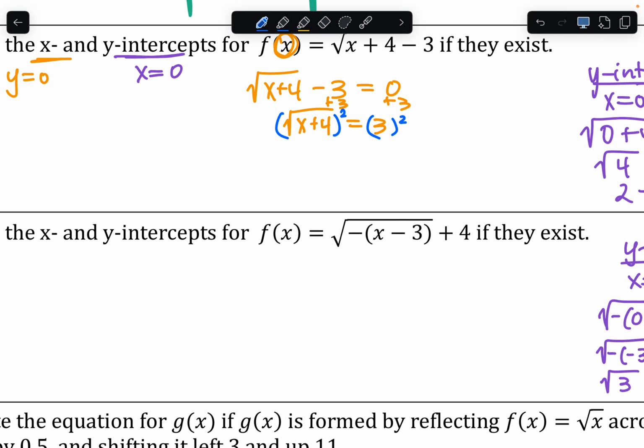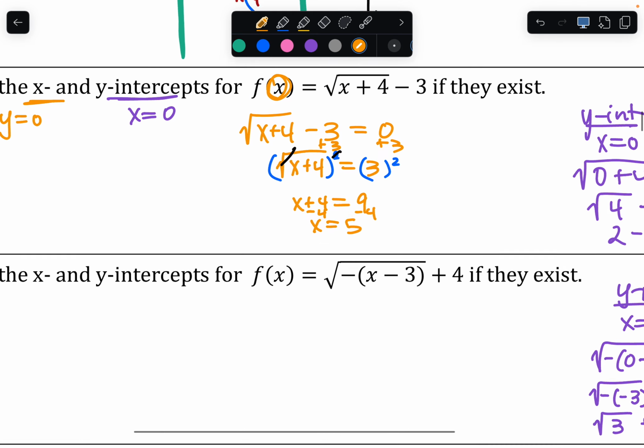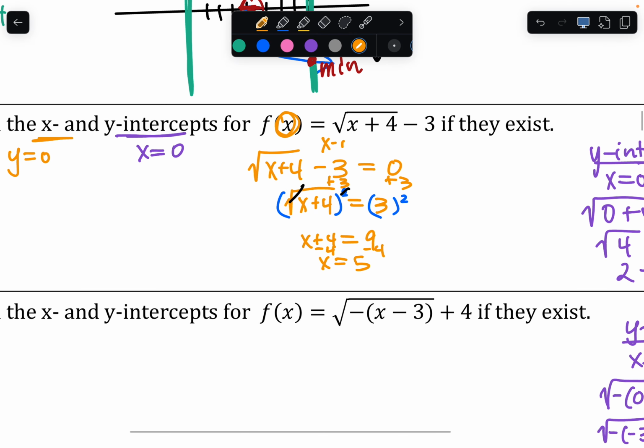Okay, and so when I square both sides, that leaves me with x plus 4 without the radical, and 3 squared is 9, and then we subtract 4 from both sides to get x equals 5, and so we would write our x-intercept as an ordered pair, 5, comma 0. The y was 0.